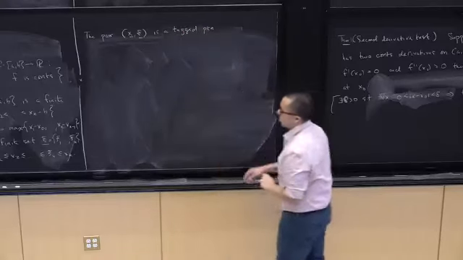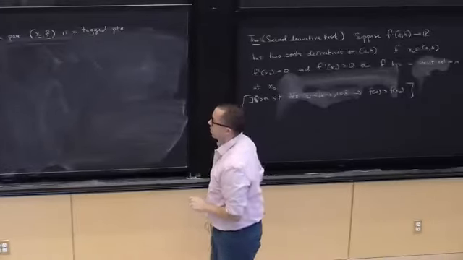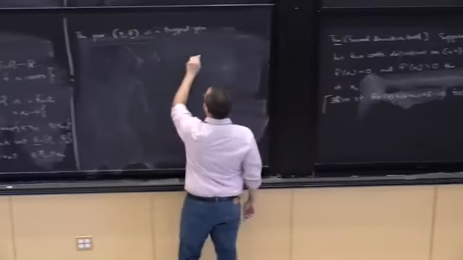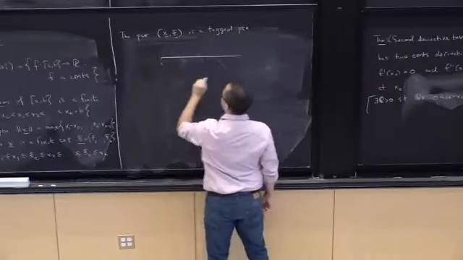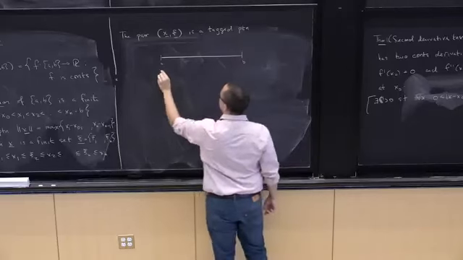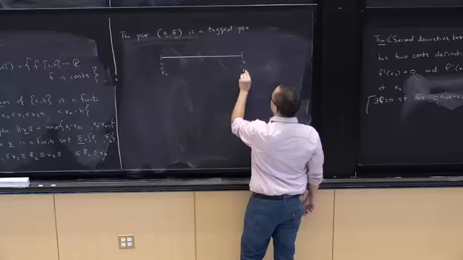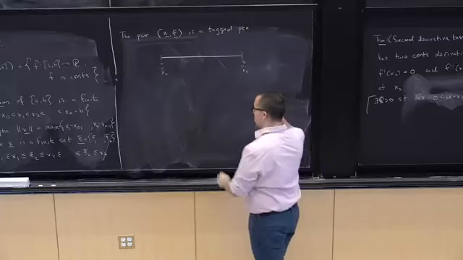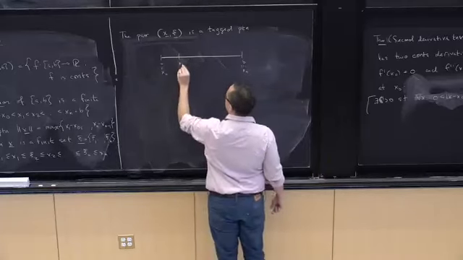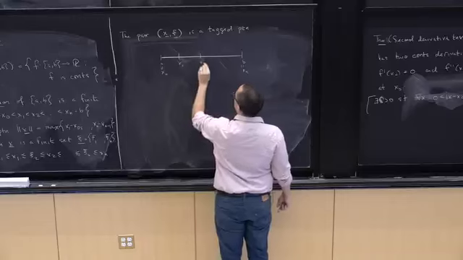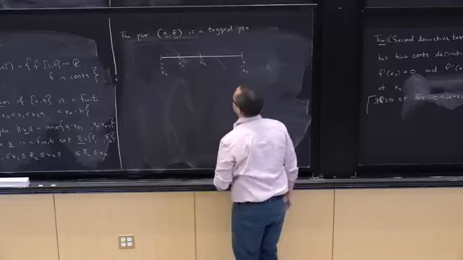Okay, although maybe it looks a little bit fancy, it's not. A partition is you take your interval [a,b] and cut it up into pieces, with your first point always being a and your last point always being b.